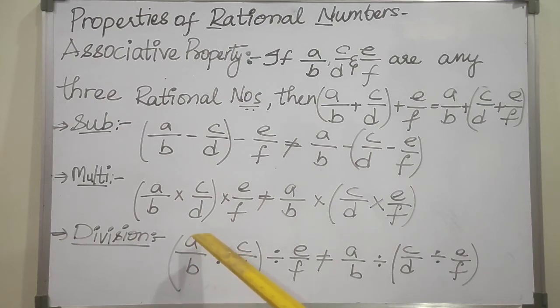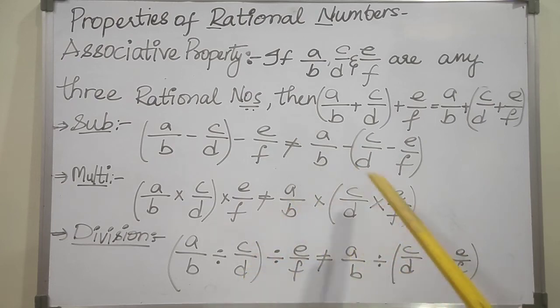Now for the rule, here you go: A by B divided by C by D and again divided by E by F is not equal to A by B divided by C by D divided by E by F. This group is divided by E by F and the other group is divided by A by B. Both LHS and RHS are not equal under the associative property. So rational numbers are not associative under division.